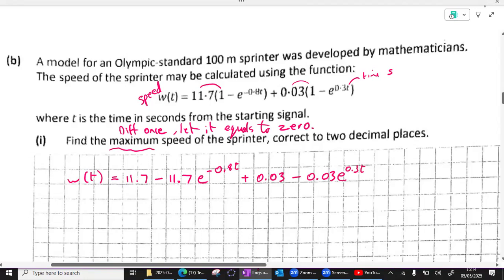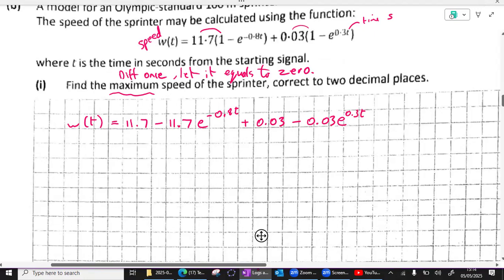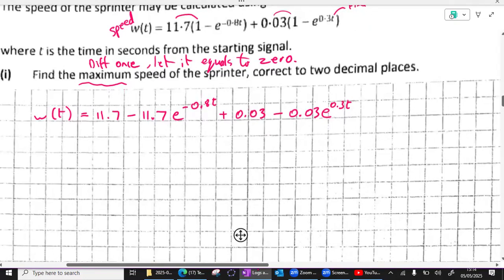Now, in a moment, I'm going to differentiate this, but I'm already predicting a bit of a problem here. So let's recap. If I have e to the x and I differentiate that, it is still e to the x. But in this particular question, I don't just have e to the x, I have e to the negative 0.8 t.